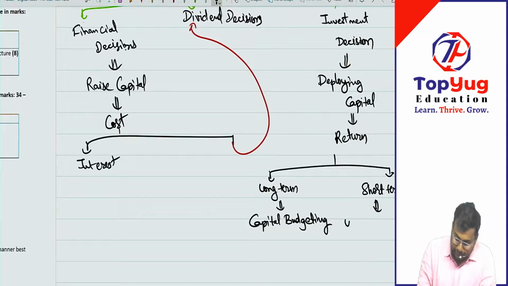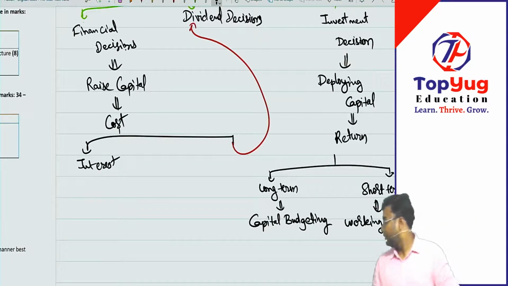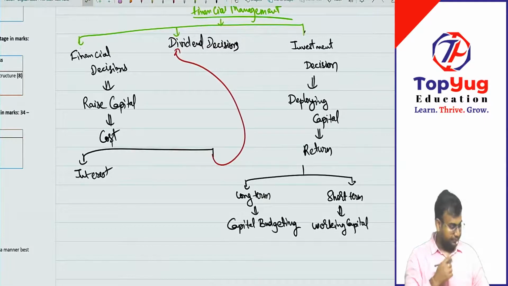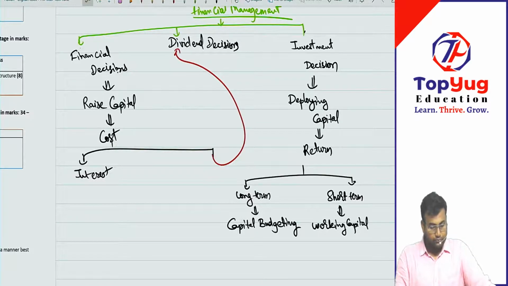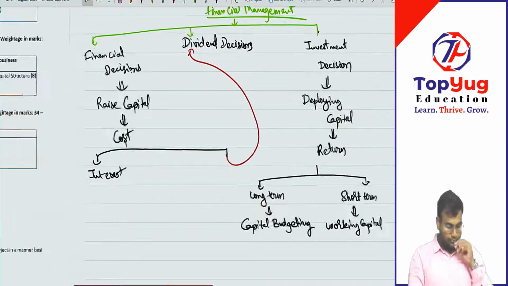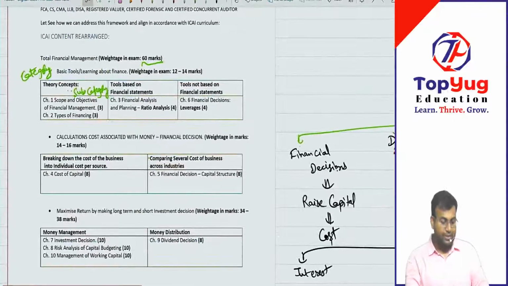It is called working capital. Done, right? Now let us come to our categories.